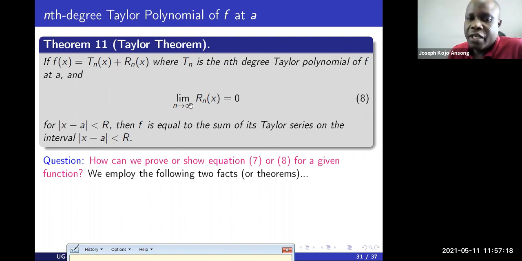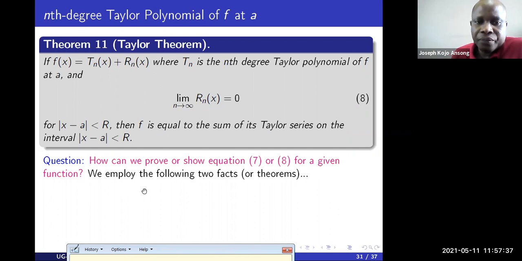Okay? If I can show that the remainder term as n goes to infinity is going to 0, then the Taylor series actually represents the function for which you found that series. Okay, that is this theorem here.